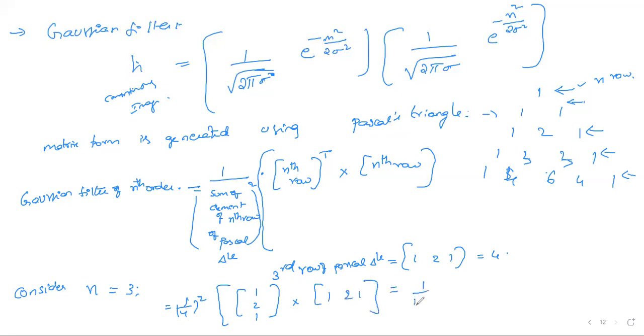So 1 by 4 square is 1 by 16, and the product of these two is 1 2 1, 2 4 2, 1 2 1. So this is the final Gaussian filter.